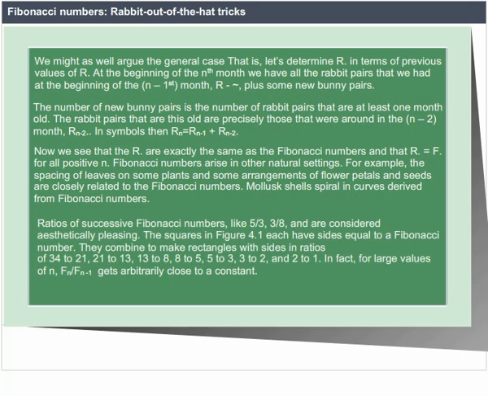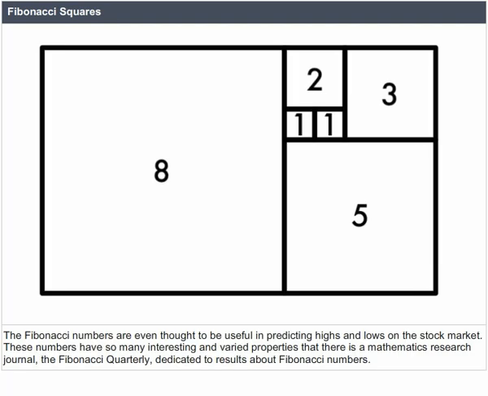In fact, for large values of n, Fn by Fn-1 gets arbitrarily close to a constant. Fibonacci squares. The Fibonacci numbers are even thought to be useful in predicting highs and lows on the stock market. These numbers have so many interesting and varied properties that there is a mathematics research journal, the Fibonacci Quarterly, dedicated to results about Fibonacci numbers.